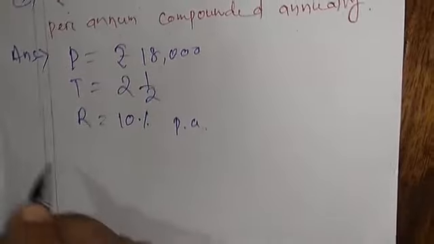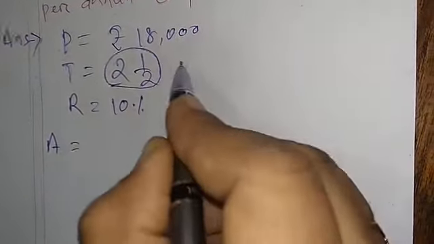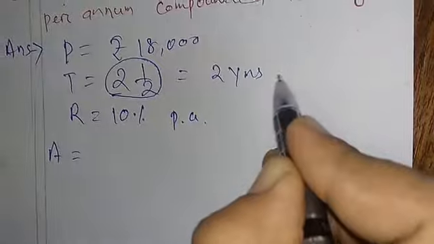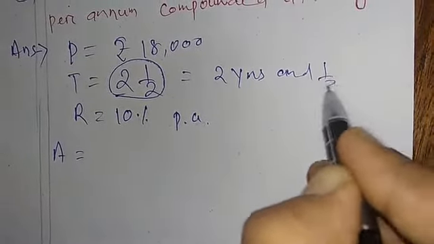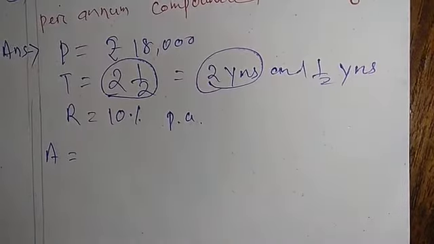So first we find the amount. 2 whole 1 by 2 means 2 years and half year. So first we find the 2 years amount.